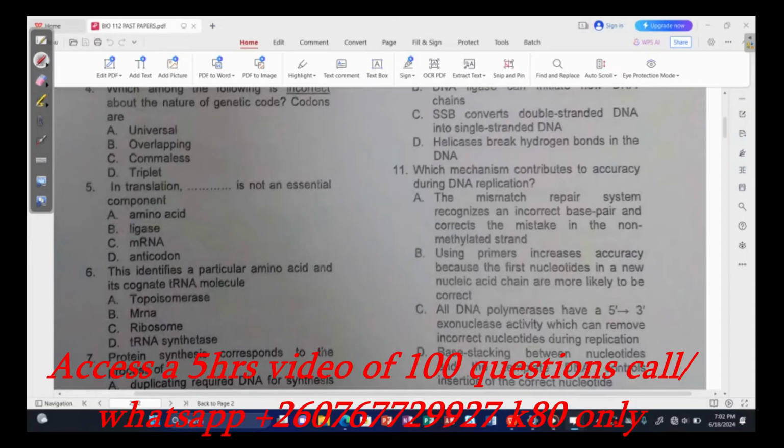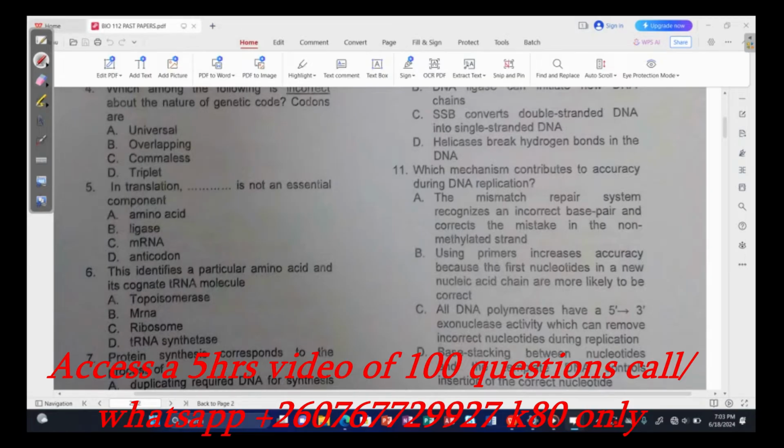We'll move on to question 6, which reads, this identifies a particular amino acid and its cognate tRNA molecule. So we have topoisomerase. Here we are still dealing with translation.